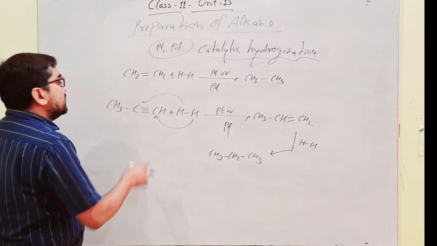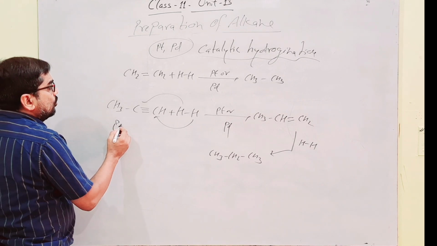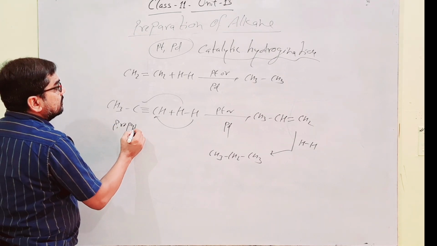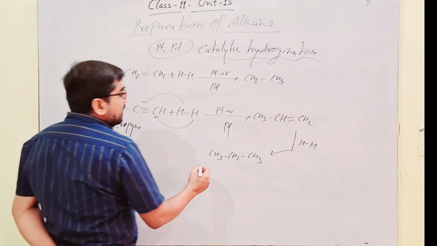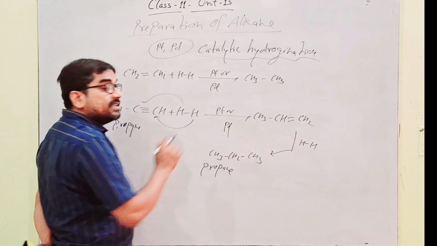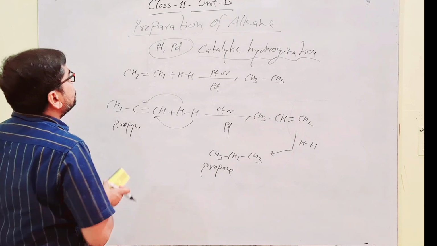The 3-carbon alkyne here is propyne, so the 3-carbon alkane, propane, is obtained as the final product.